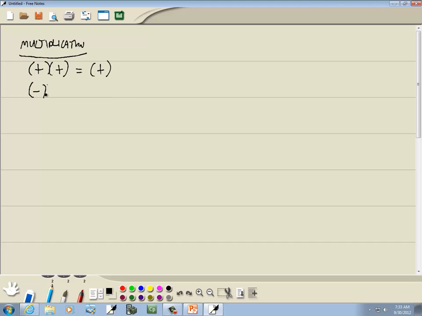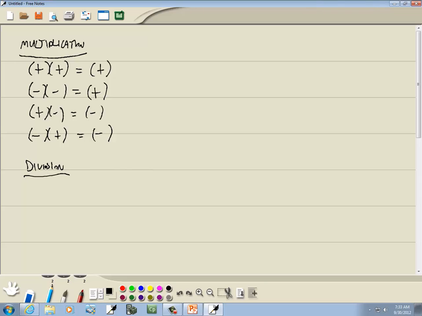If we have a negative number times a negative number, that's going to give us a positive number. If we have a positive number times a negative number, that's going to give us a negative number. And if we have a negative number times a positive number, that's going to give us a negative number. Signs are the same, it's positive. Signs are different, it's negative.